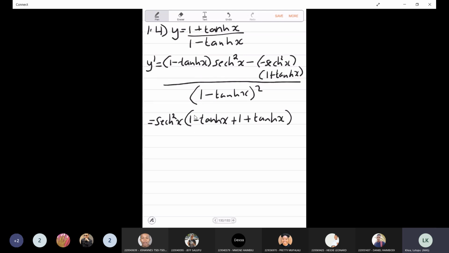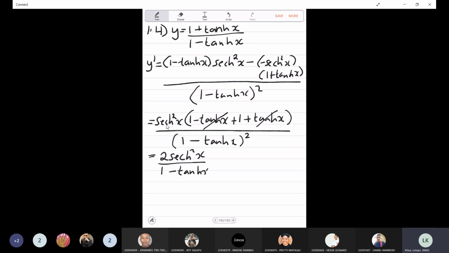This is the first bracket, multiplying by that. This is the second bracket, multiplying by that one. Then we divide by 1 minus tanh x, squared. You can see the tans there cancel. In the numerator, I'm left with 2 sech squared of x over 1 minus tanh of x squared.